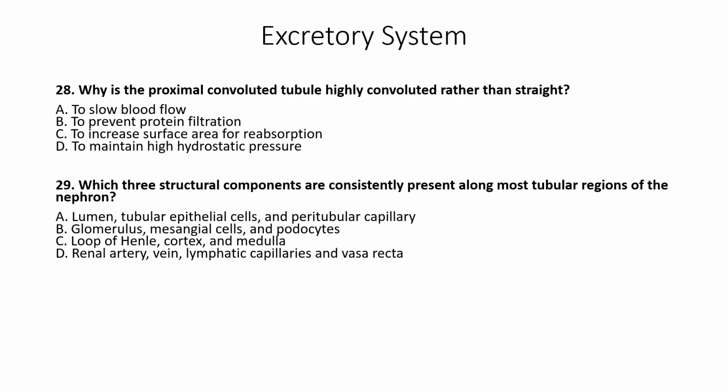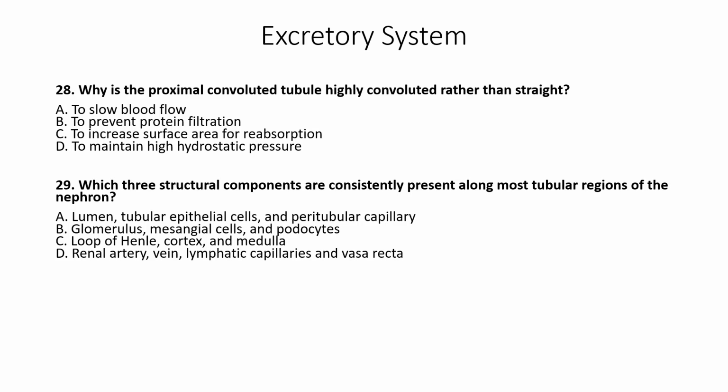Why is it option A? Because across most nephron segments, the three structural elements described in option A are consistently there. The tubular lumen, the inner portion, is what carries the filtrate. The epithelial cells form the tubule wall, and the peritubular capillary network receives the reabsorbed substances from the tubules.